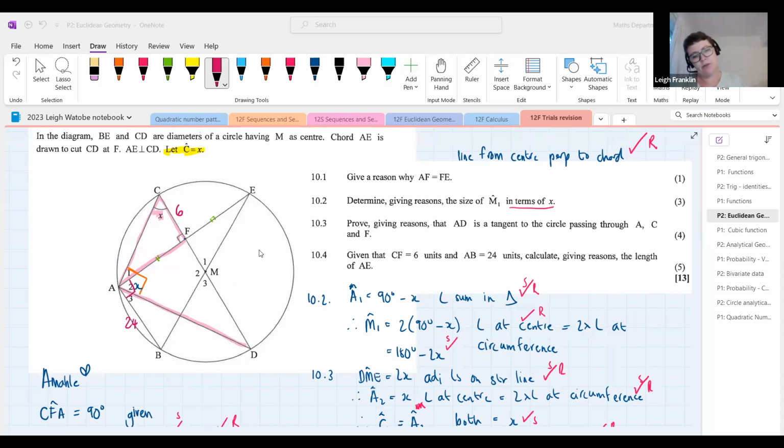Hang on a second. Do you know what I think we're going to have to do here? I said we don't have parallel lines, but maybe that's not true. We know that we've got this right angle over here. Let's just get rid of all of the pink because it makes it a little bit confusing. This is a bit hard for us to see initially.